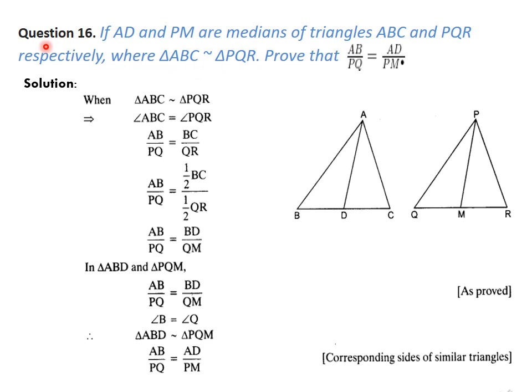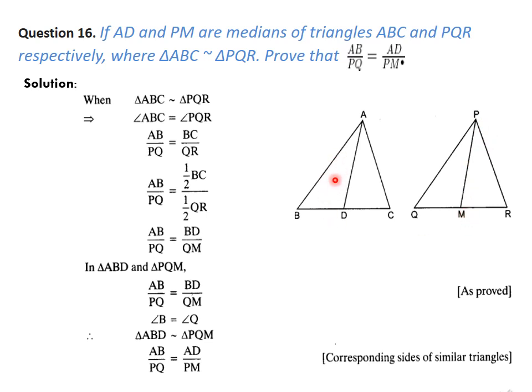Because of this, we can say that angle ABC is equal to angle PQR and AB by PQ is equal to BC by QR. Here in the question we have to prove that AB by PQ is equal to AD by PM.